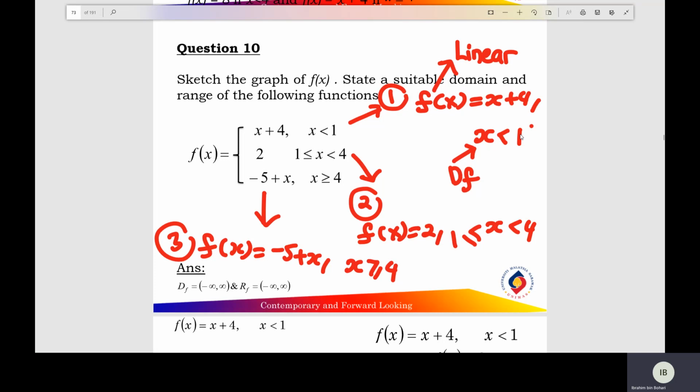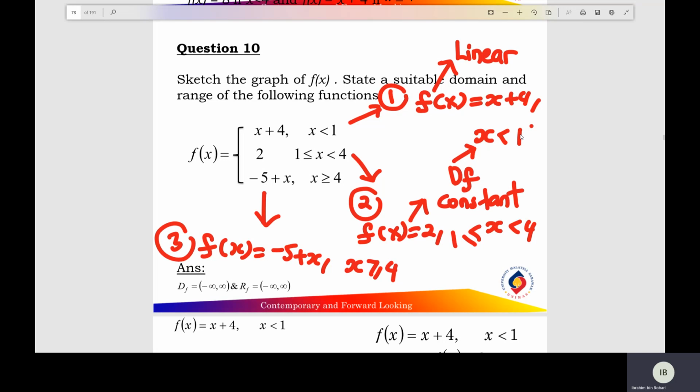And the second function f(x) here equals 2, and x here is less than 4 and greater than or equal to 1. Here is the constant function. And third function f(x) equals negative 5 plus x and x here is greater than or equal to 4.